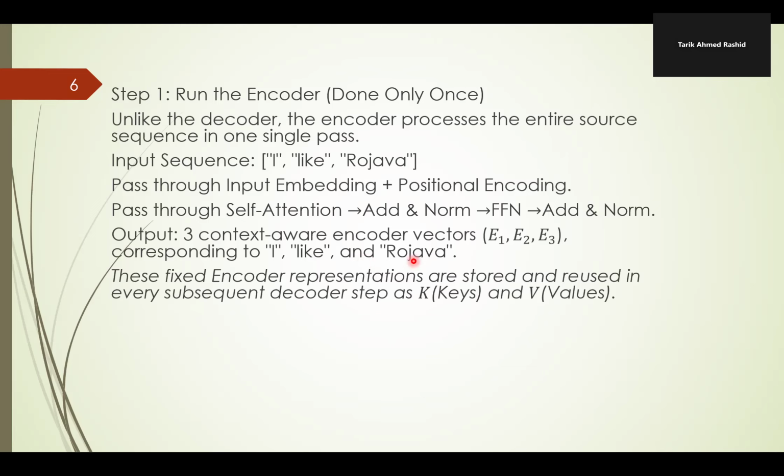These fixed encoder representations are stored and reused in every subsequent decoder step as keys, K values, and V values. So we have two matrices, keys and values. These are the input that will be fed into the decoder from the encoder.